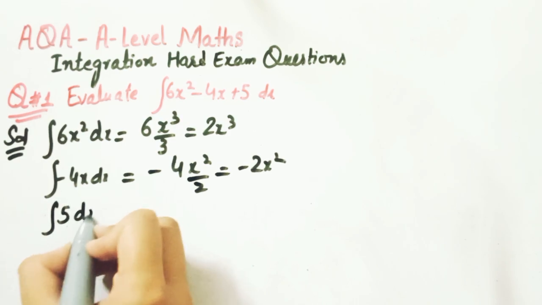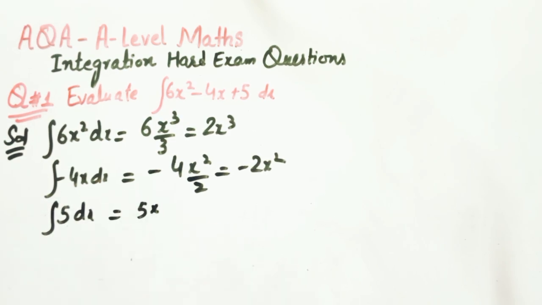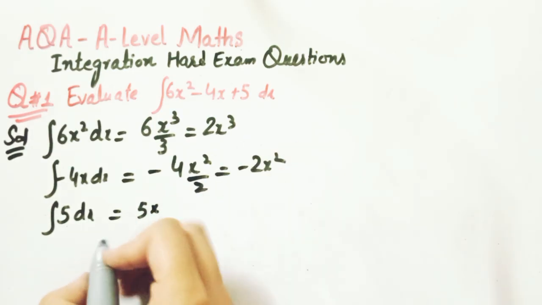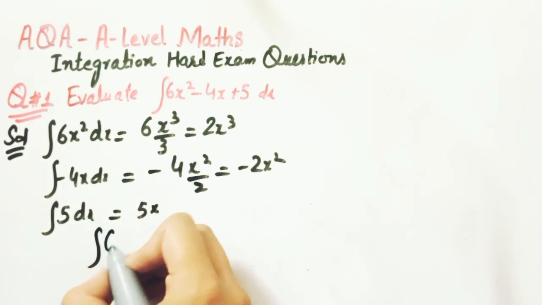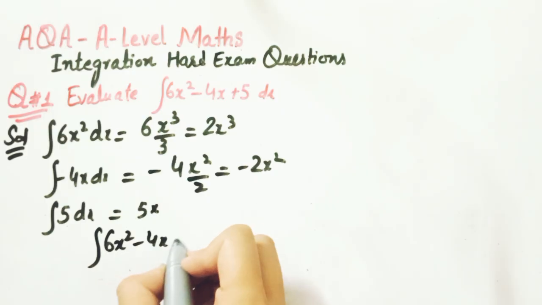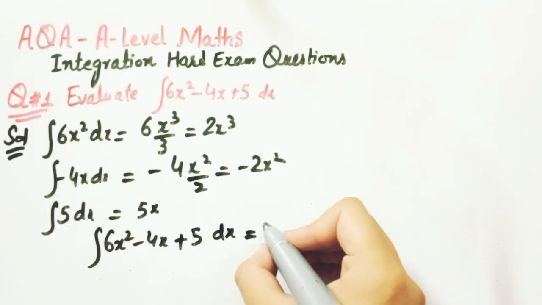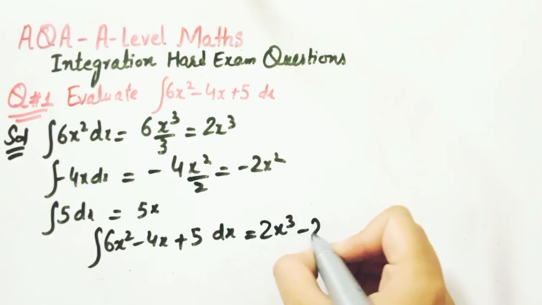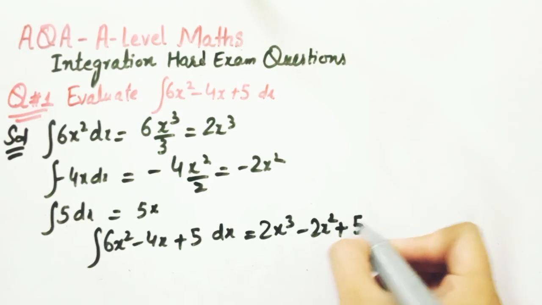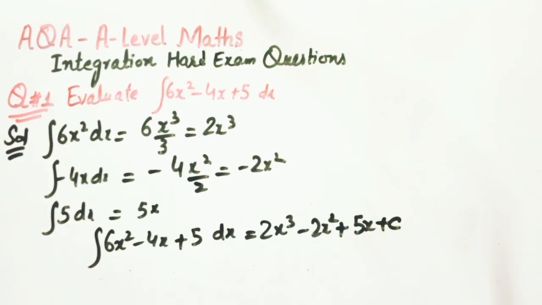Integral of 5 dx is 5x. So the integration of 6x squared minus 4x plus 5 dx equals 2x cubed minus 2x squared plus 5x plus c.